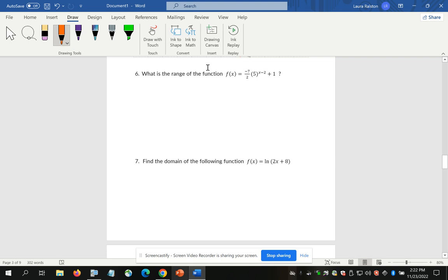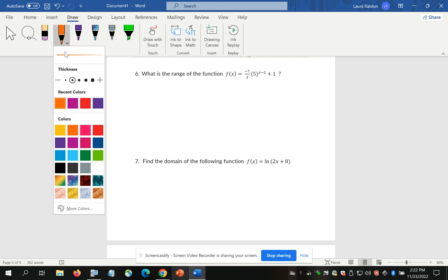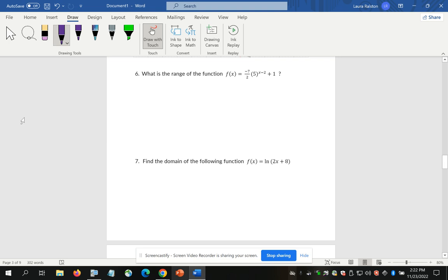Number 6 says, what is the range of the function f of x equals negative 7 halves times 5 raised to the x minus 2 plus 1. Okay, so one thing to remember is that the domain for any exponential function is always negative infinity to positive infinity.